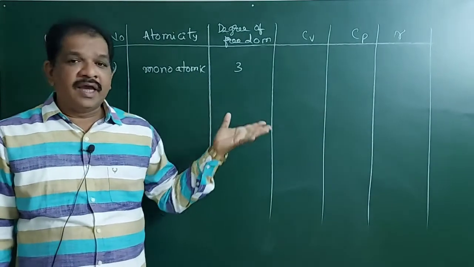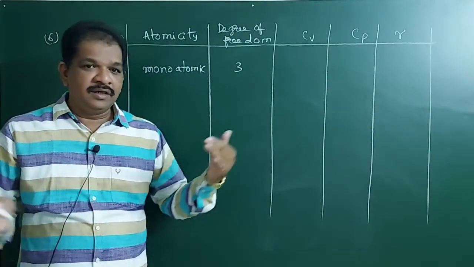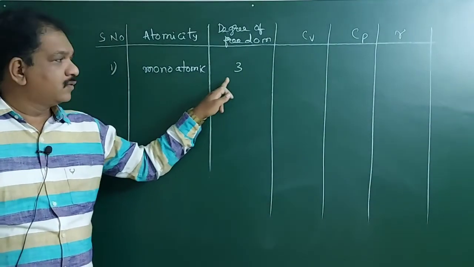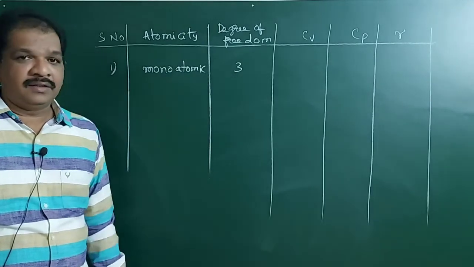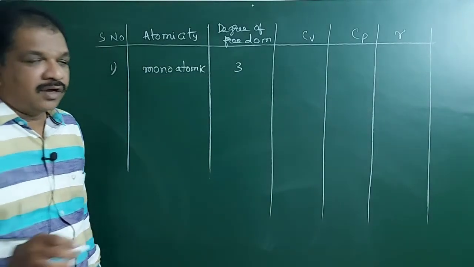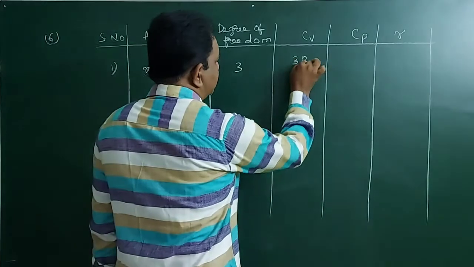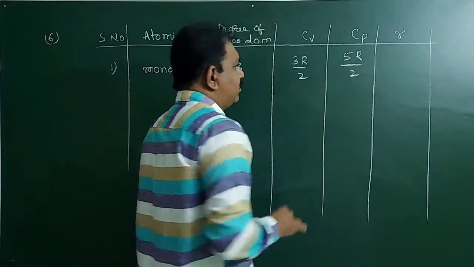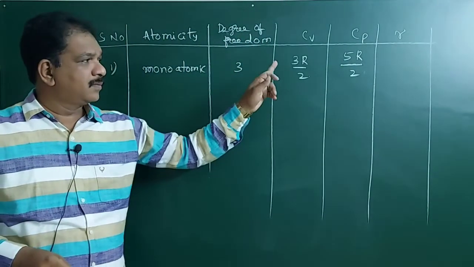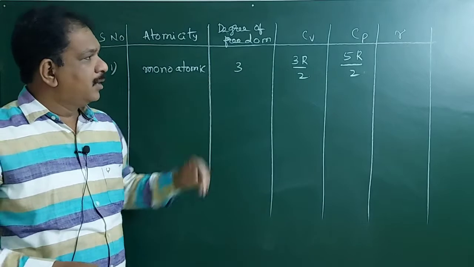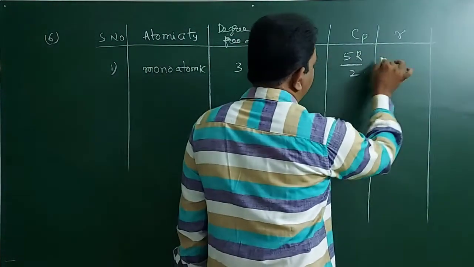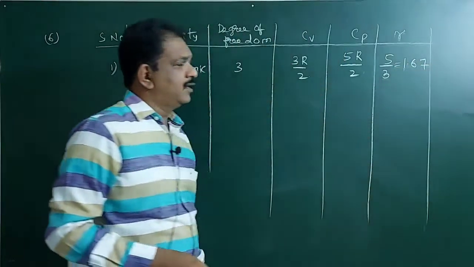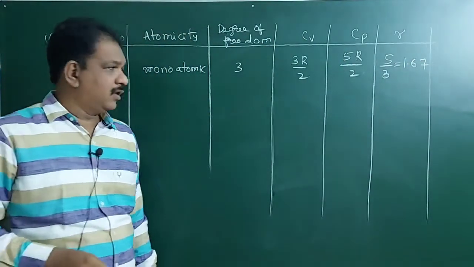Like that, a gas will acquire energy in 3 different ways. If the gas is monoatomic, its degree of freedom will be 3. Cv value fR by 2, so it becomes 3R by 2. Cp value 1 plus f by 2 into R, so it becomes 5R by 2. Gamma is equal to Cp by Cv, it becomes 5 by 3, that's 1.67.